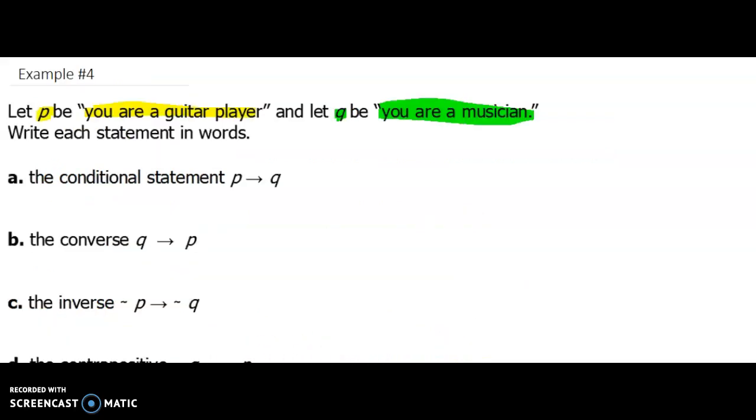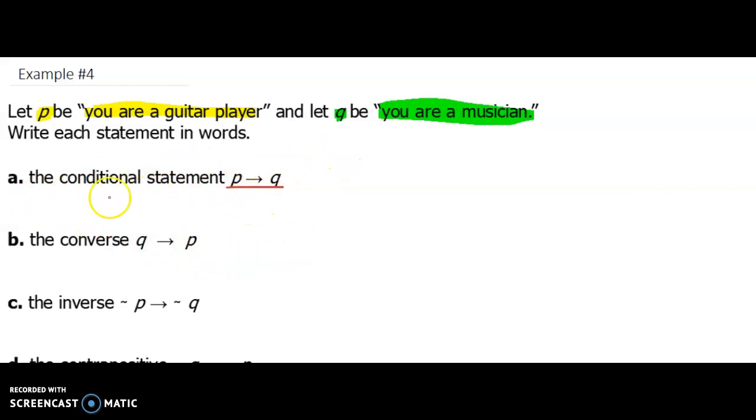All right, let's look at example 4 and put all of those 4 different ones into perspective. Here in our directions, it gives us our P, which I've highlighted in yellow. P is you're a guitar player, and Q is you're a musician. The conditional statement is if P, then Q. That comes straight from the diagram in the previous slide.